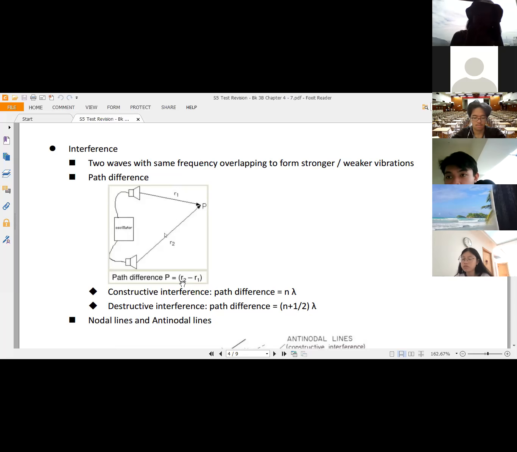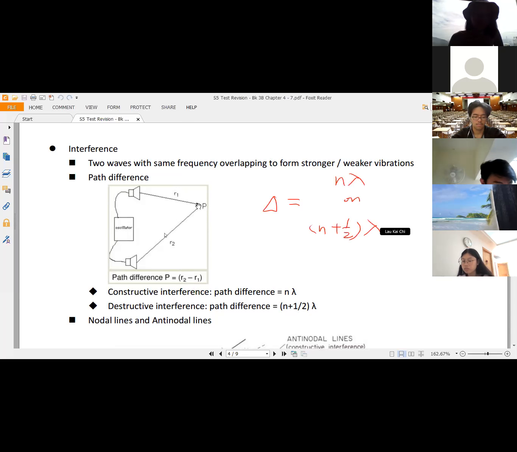The definition of path difference is the longer path minus the shorter path. And we may use this path difference to find out whether it is equal to n lambda or n plus half lambda. For n lambda, it will give constructive interference.